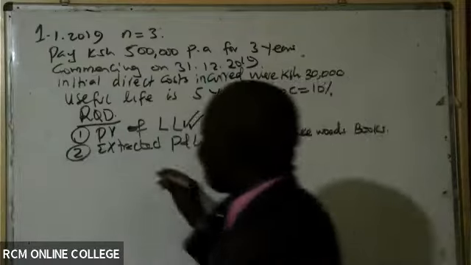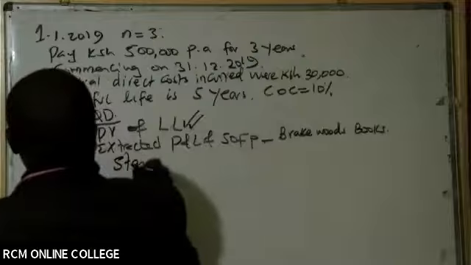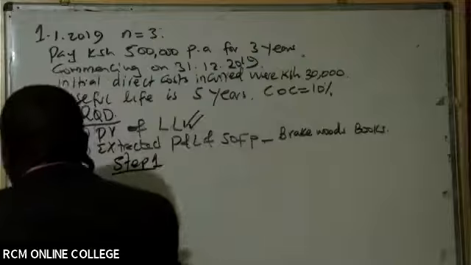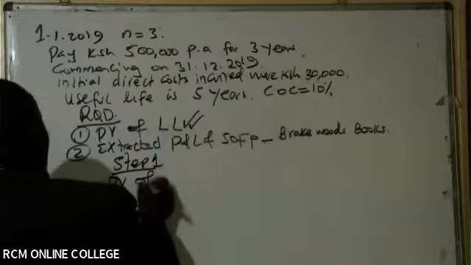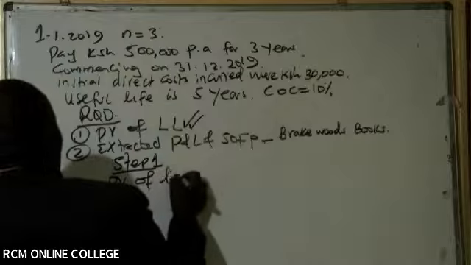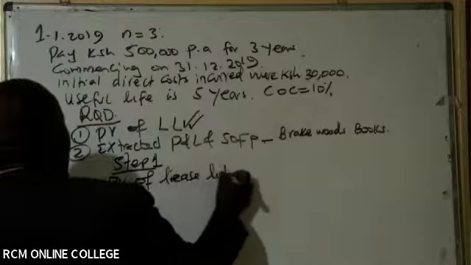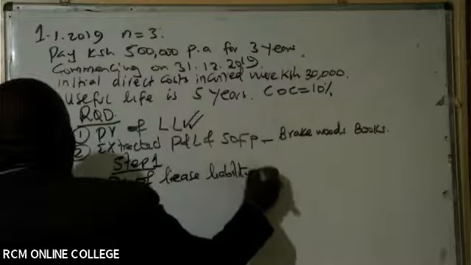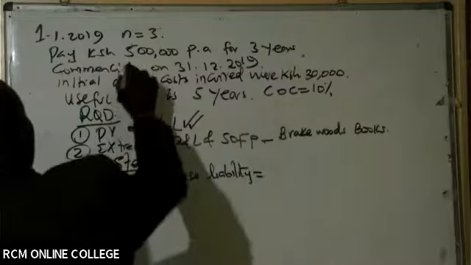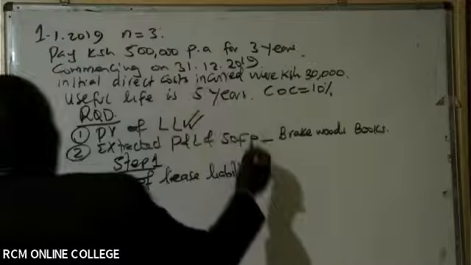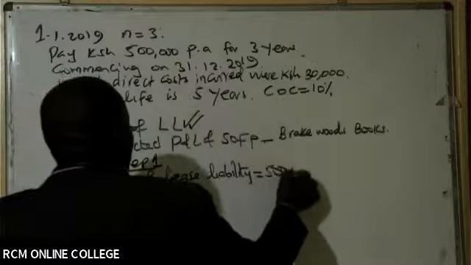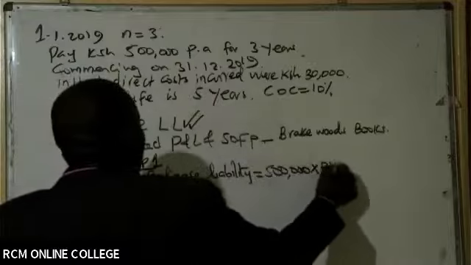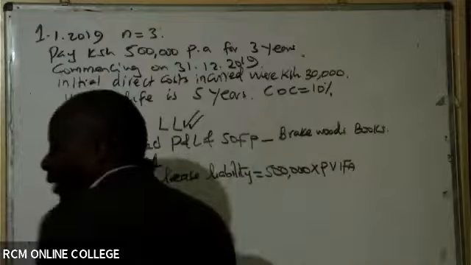So step one, give us the present value of the lease liability. How do we do this? How much are we paying every year? We are paying 500,000 every year, times PV-FA at 10%, because this is an annuity.